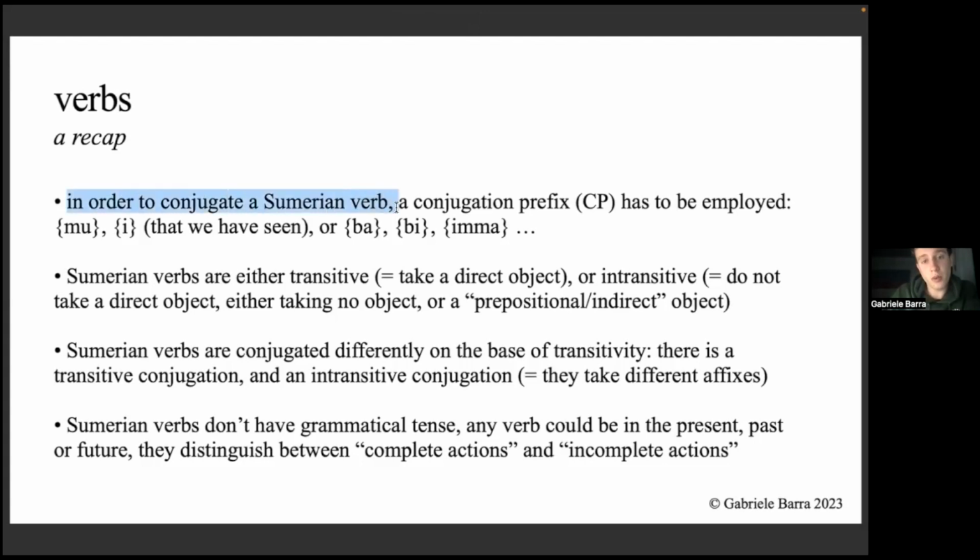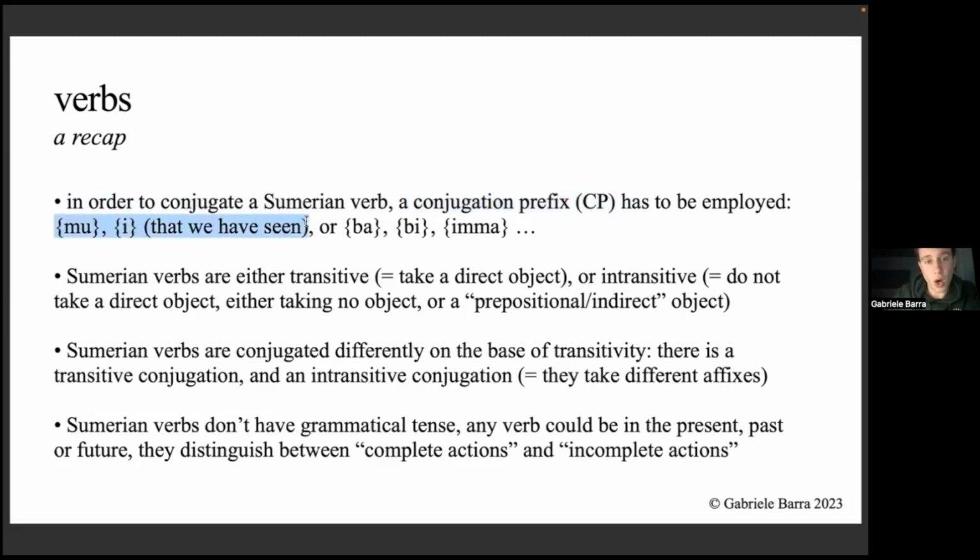You have a verb, and if you want to conjugate it, so you want to say I do, you do, he does, you take the verb to do and you want to make it into a verb that can take a subject and an object, so it can work in a sentence. You have to add something to it. And this is what we call a conjugation prefix, a CP, so to say. We have seen mu, we have seen e.